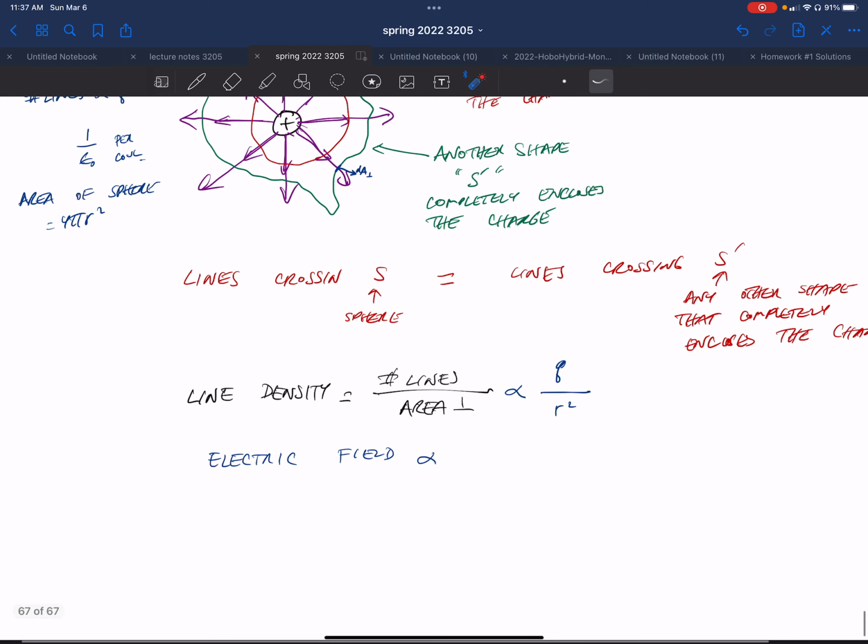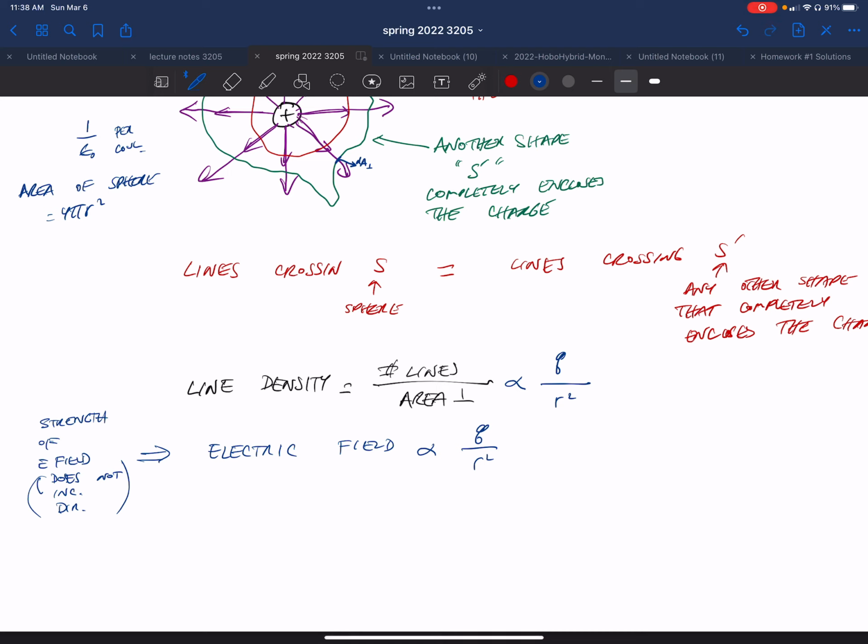So the electric field is proportional to Q over r squared. This is just the strength of the E field. There's obviously an electric field vector, but this does not include direction, otherwise I would put a vector there.